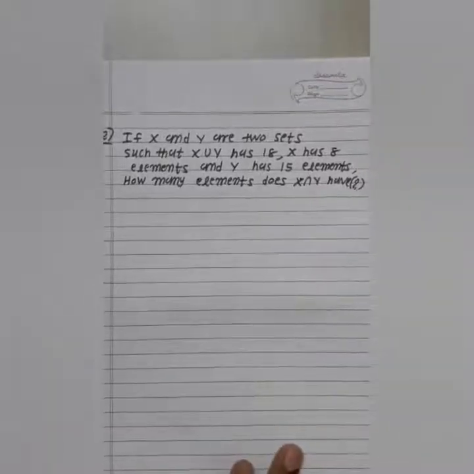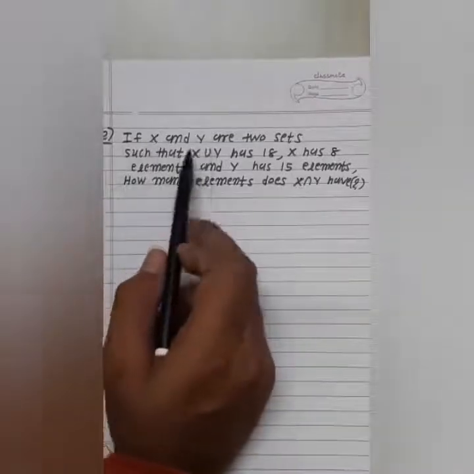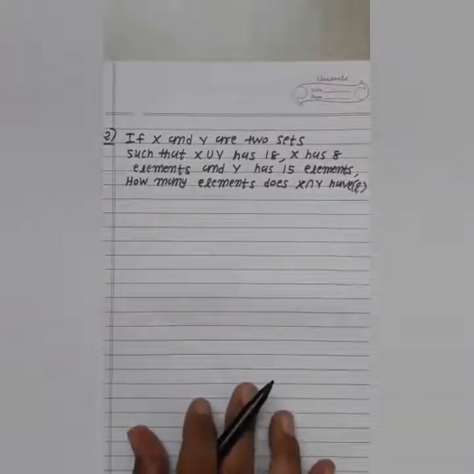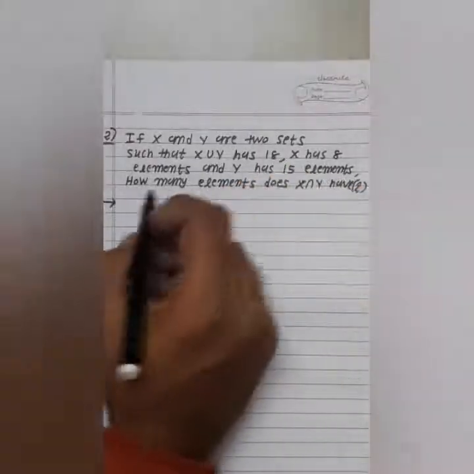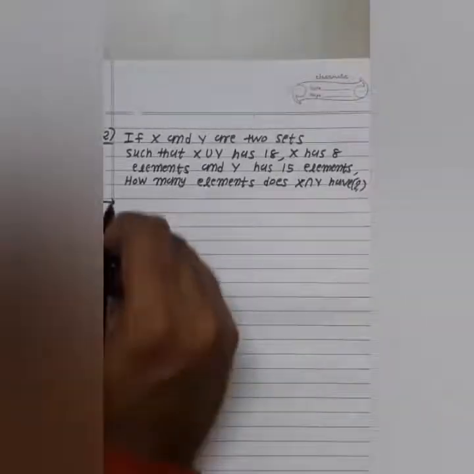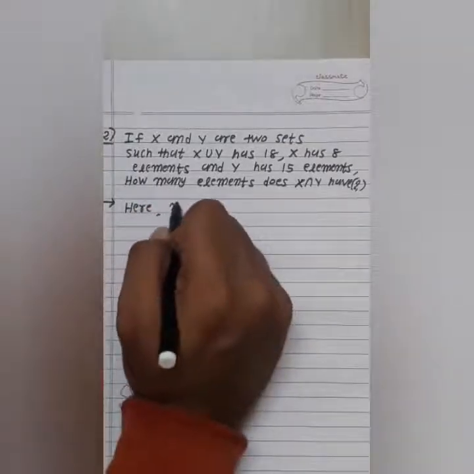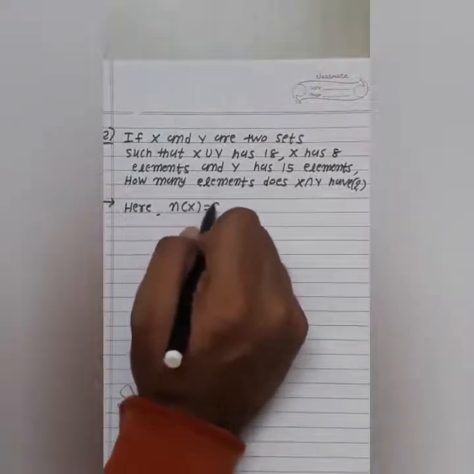So again here two sets are present, x and y, so the same formula applies. First of all, the data is present. x has 8 elements, so n of x is equal to 8.